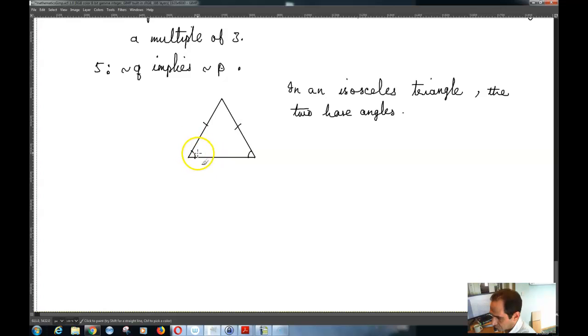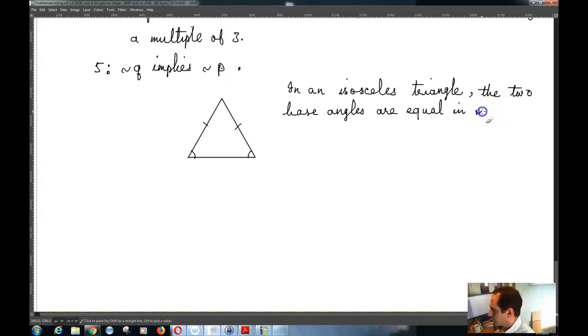Of course the words that I'm using here are not very precise, but you understand what I'm talking about. So what I'm saying is that in an isosceles triangle, the two base angles are equal in size, are equal in measure, for example.